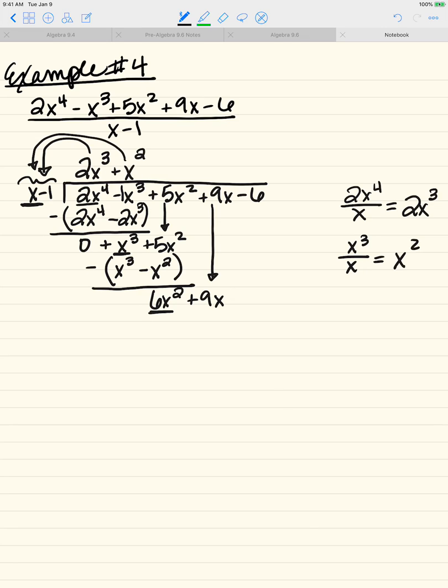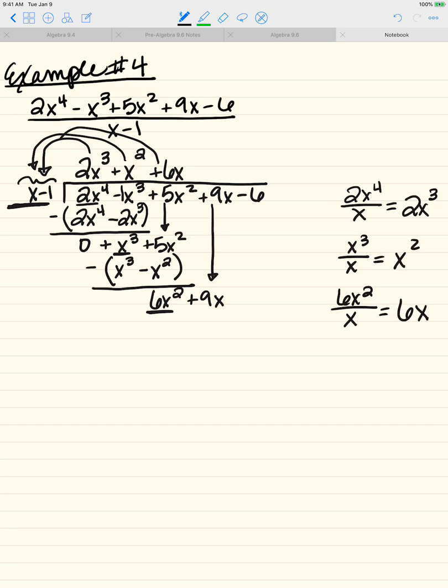Okay, divide the first term here by the first term here. Okay, 6x squared divided by x gives us 6x. Okay, so plus 6x right here.